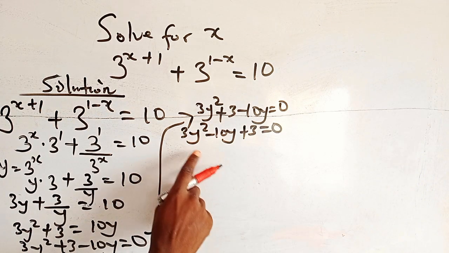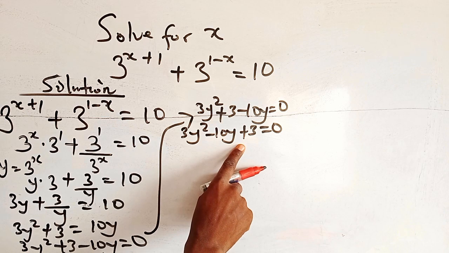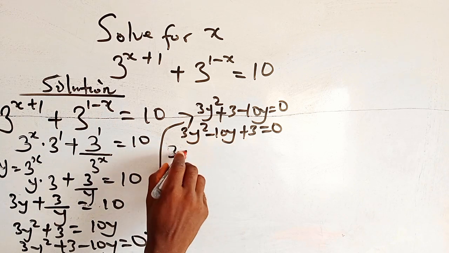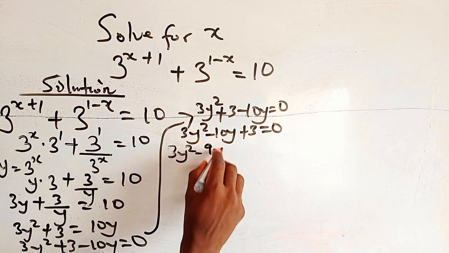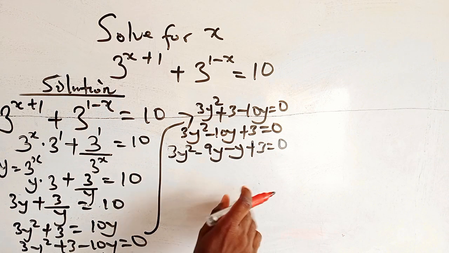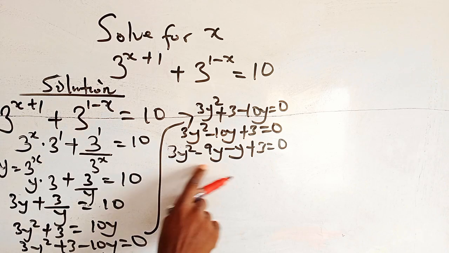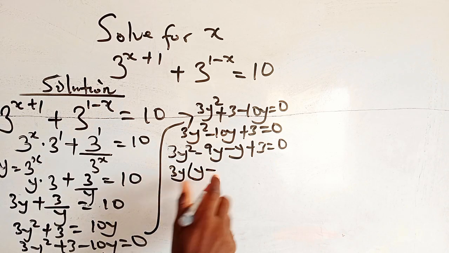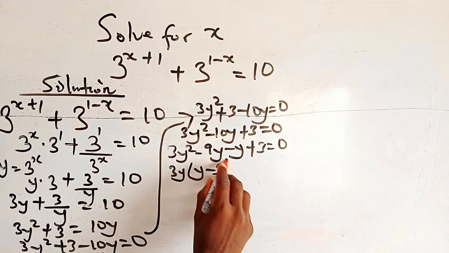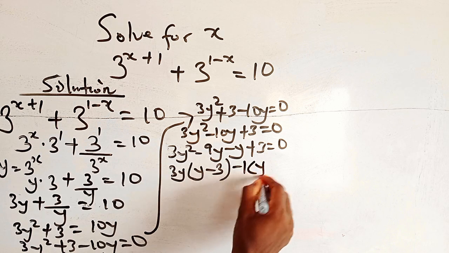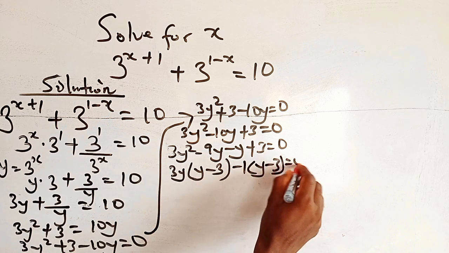Now from here, we can factorize this. We use 9 and 1, since 3 times 3 is 9. So here we have 3y squared minus 9y minus y plus 3 equals 0. When you group this, the common factor is 3y into y minus 3, and minus 1 is the common factor, so we have 1 times y minus 3 equals 0.